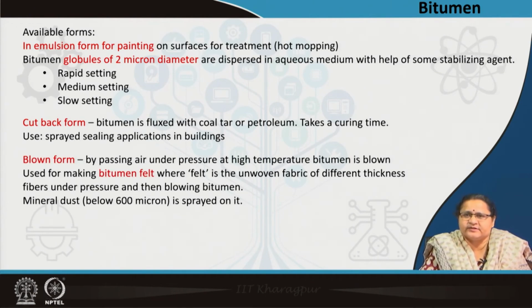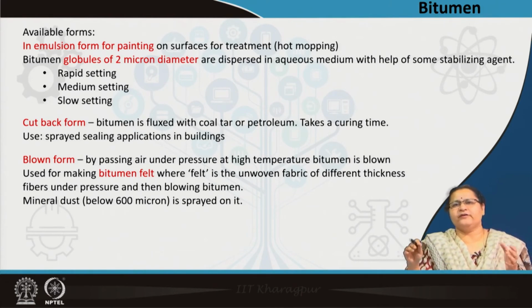We had seen applications of sheets, bituminous felts, which were mostly applied on the rooftops. You can go back and see the lecture where we had shown the torch application. So, those are bituminous felts, which is blown form of bitumen. So, you have an unwoven felt or a fabric onto which under high pressure liquid bitumen is blown.